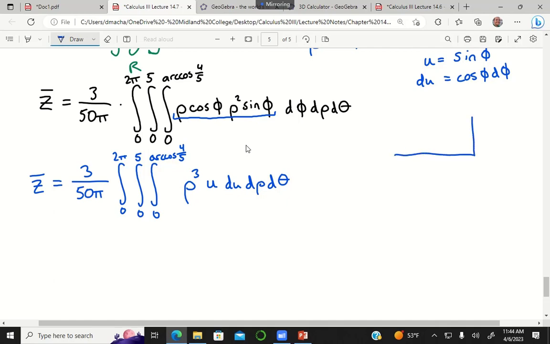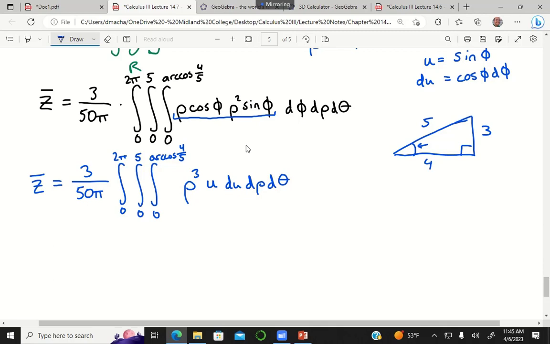I think you're right. So if I draw a little right triangle, let's call it a 3, 4, 5 triangle, arc cosine of 4/5 would be this. That's my current upper bound.